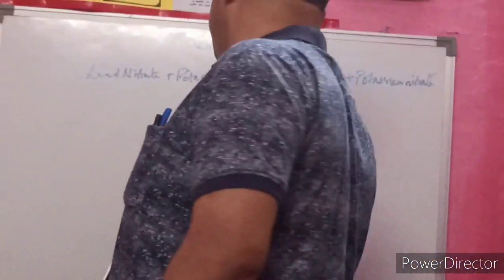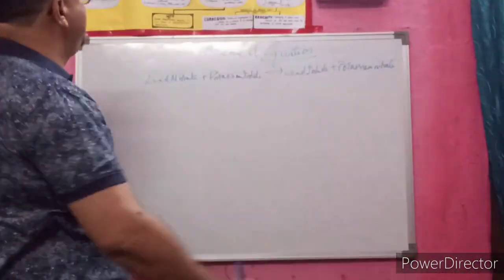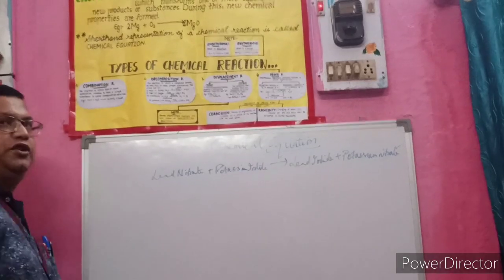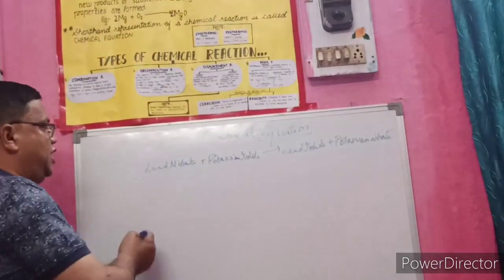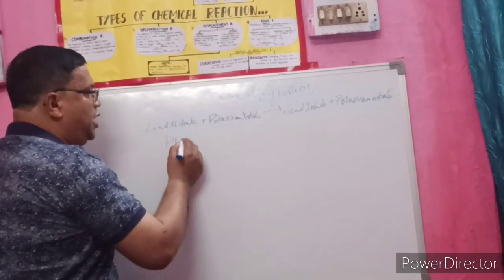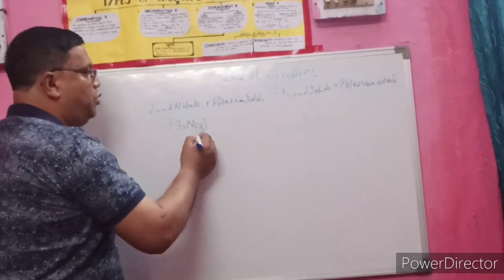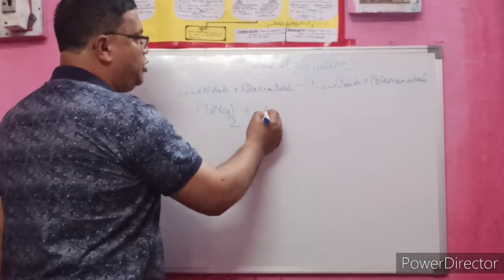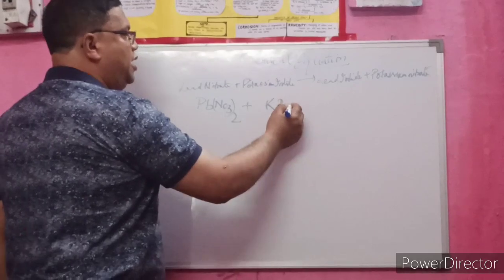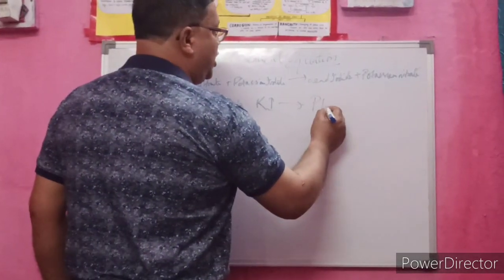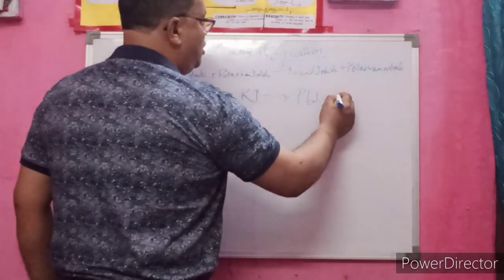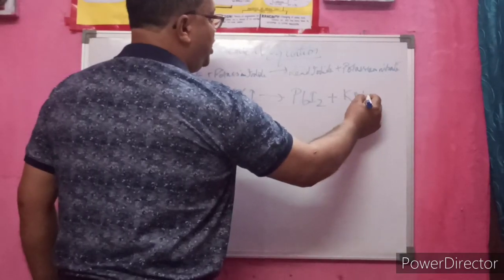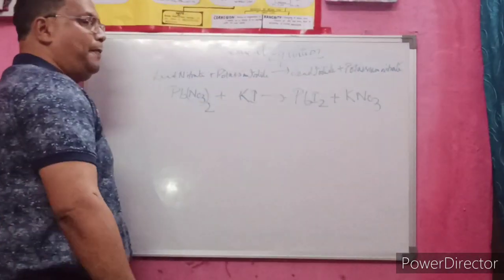So this is in words. When you have to write it in the shorthand representation, you have to write it using the formulas. Lead nitrate Pb(NO3)2 plus potassium iodide KI, giving lead iodide PbI2 plus potassium nitrate KNO3.